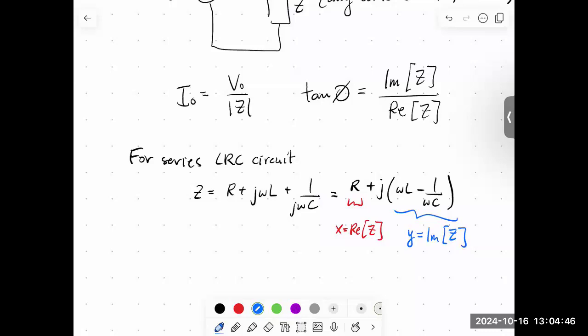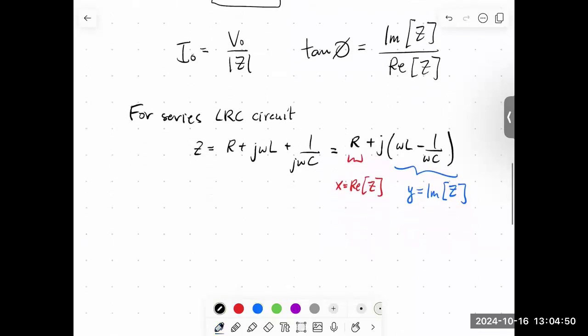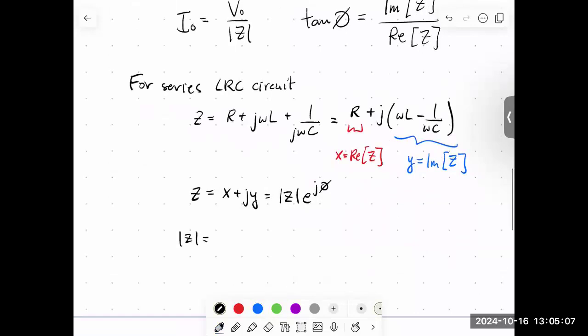What we know about complex numbers is we can write any complex number expressed as X plus jY as a magnitude times e to the j phi. And that's what I'm going to do. We already know the magnitude of Z is the square root of X squared plus Y squared.